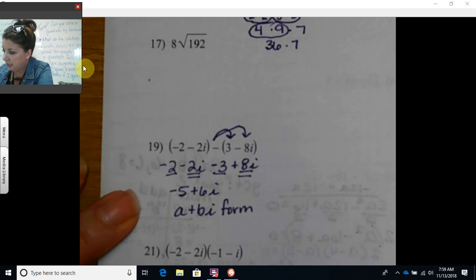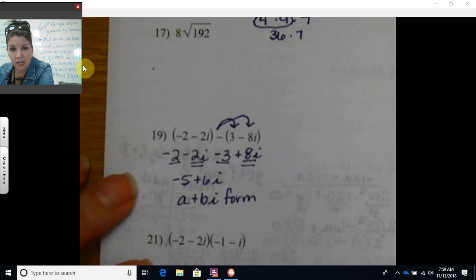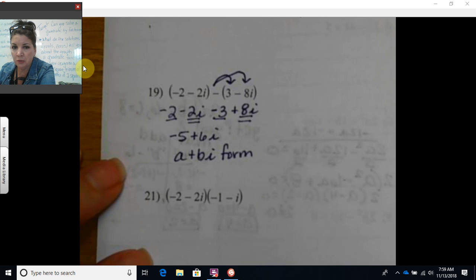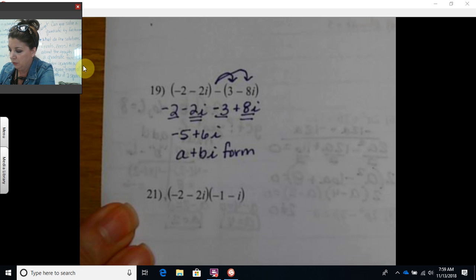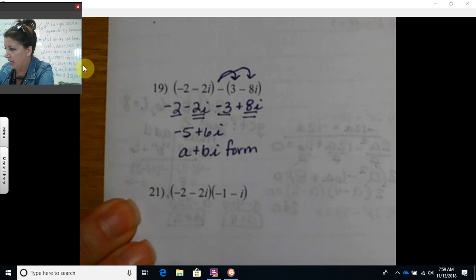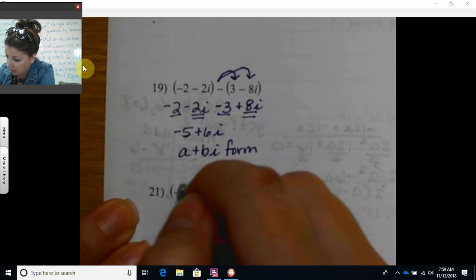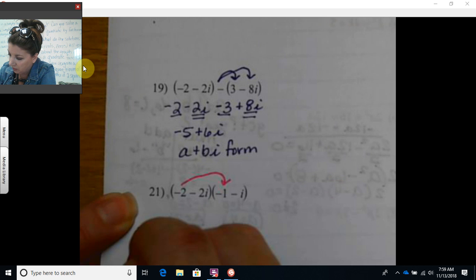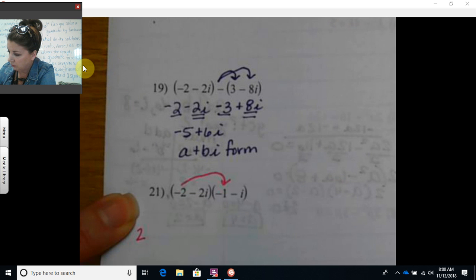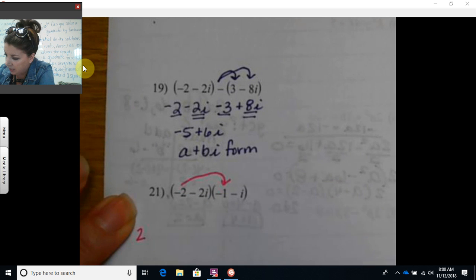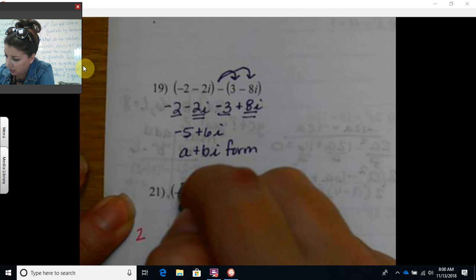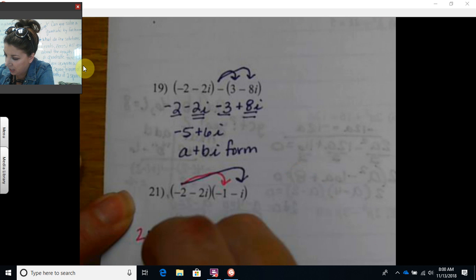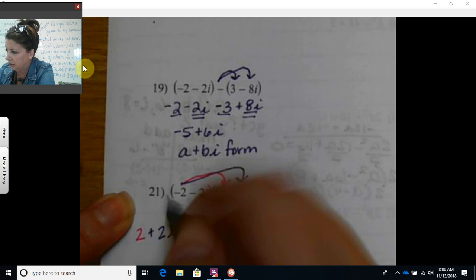Look at number 21. Now we are multiplying these two binomials together. Okay? So we have to distribute. So negative 2 times negative 1 is positive 2. Negative 2 times negative i is positive 2i.